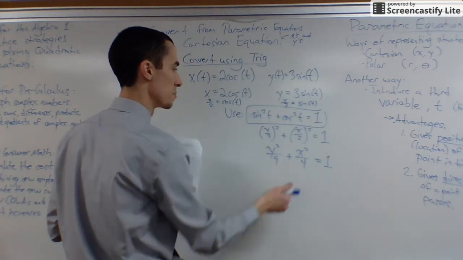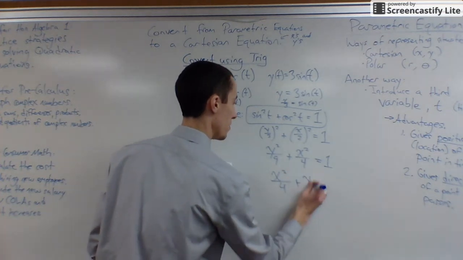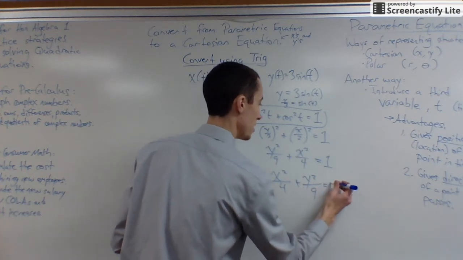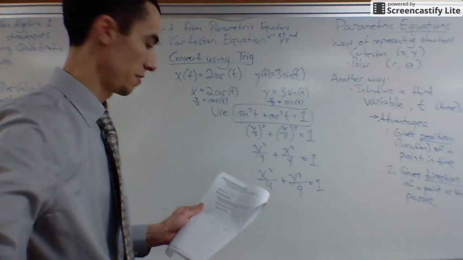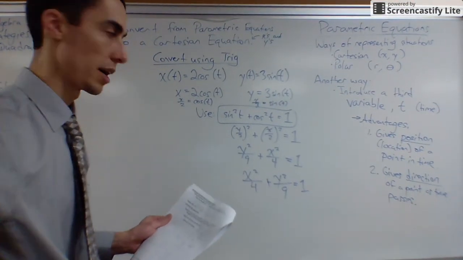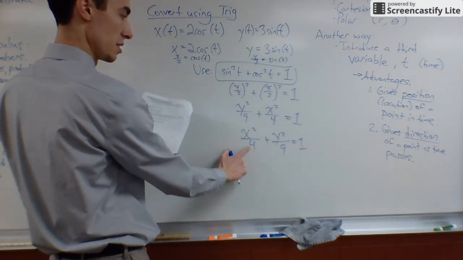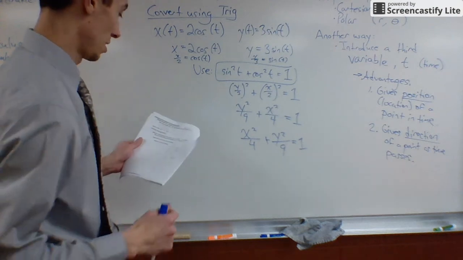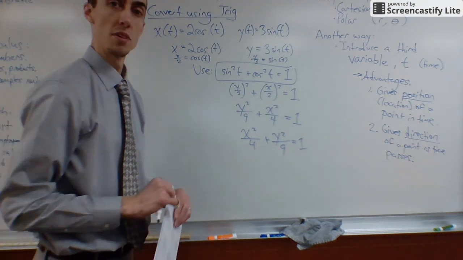And now if we just use the commutative property and switch those around, we would have x squared over 4 plus y squared over 9 equals 1, which is an equation of an ellipse. We've got a horizontal radius of 2 and a vertical radius of 3, and you see that on our graph that we did earlier. All right, see you in class.